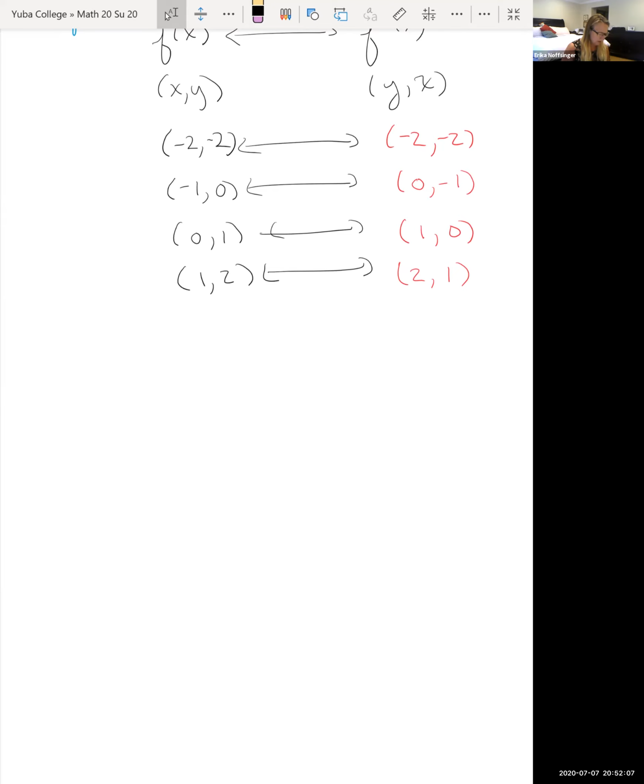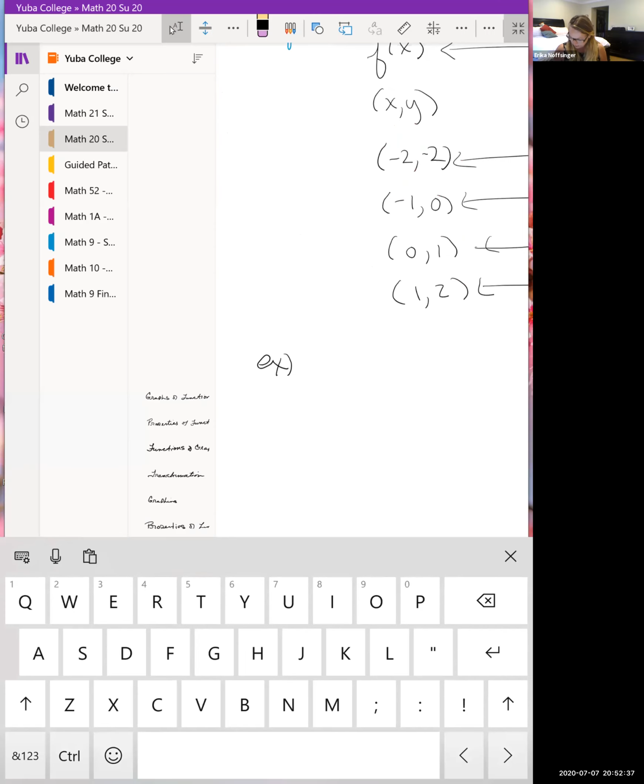Okay, so find the inverse of f and check your answer. That's part A of what we're going to do. B, find the domain and range of f and f inverse. And C, graph f and f inverse and y equals x on the same coordinate plane. I'm going to just get a new page because I don't like how skinny my pen is getting.